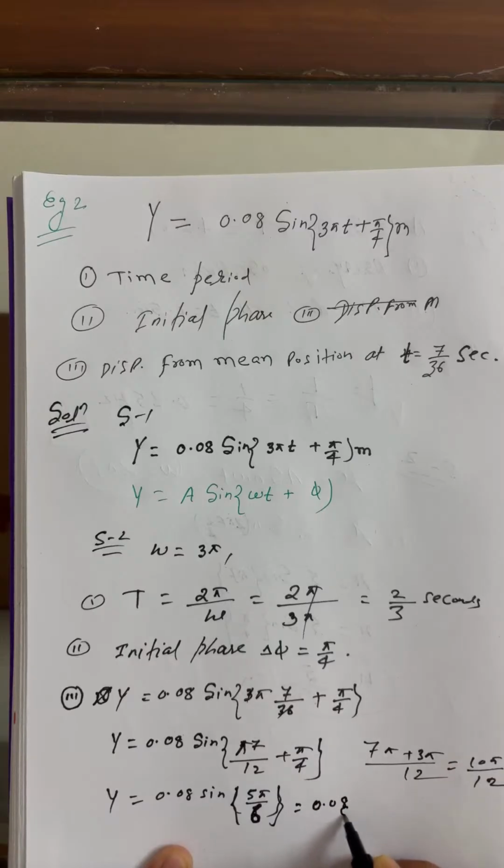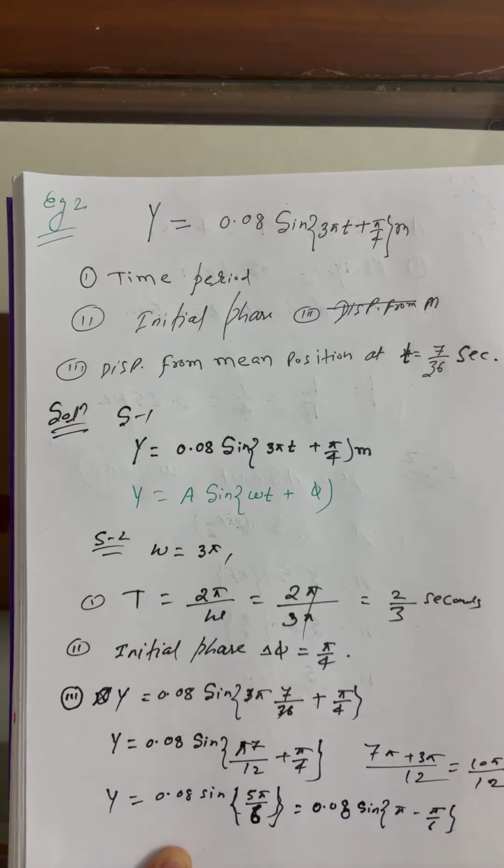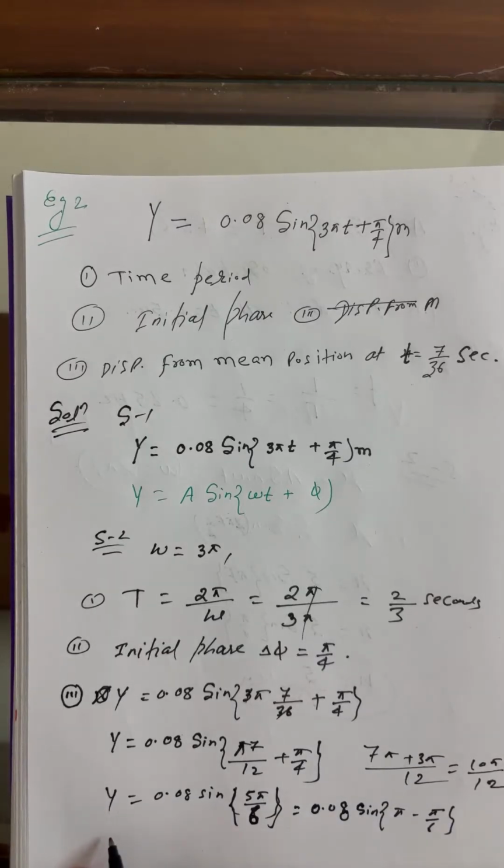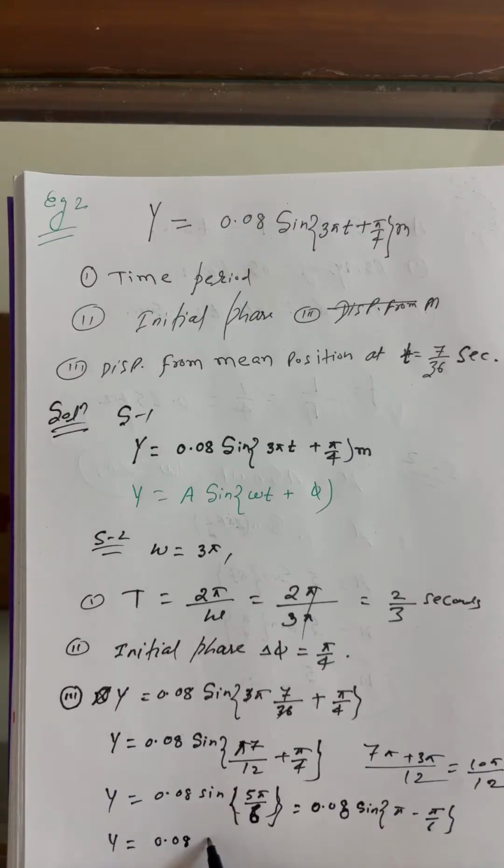0.08 into sine of (pi minus pi by 6), you can break it like this. So finally I can write y equals 0.08 sine pi by 6. Sine pi by 6 means 1 by 2.